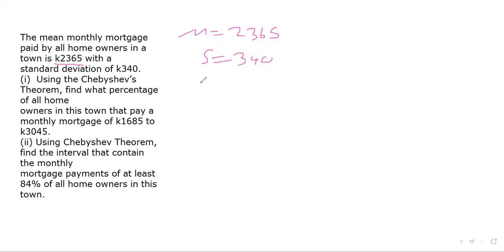The confidence range is 1685 to 3045. This should be equivalent to the confidence interval, mean plus minus K sigma. This is the range, in short. All right.